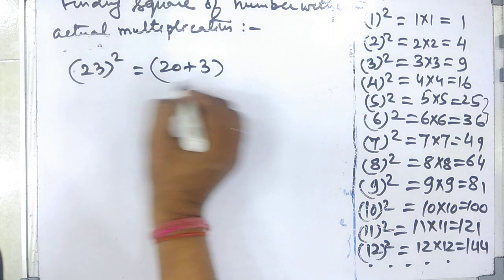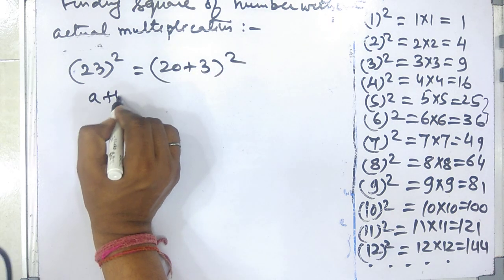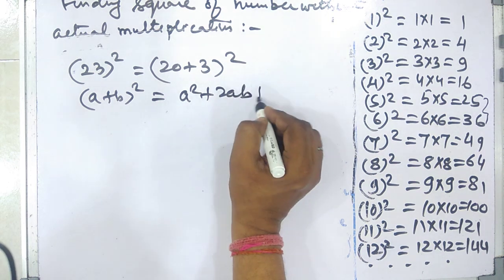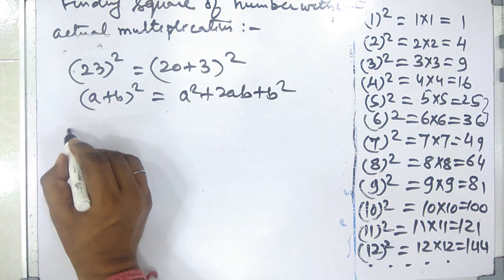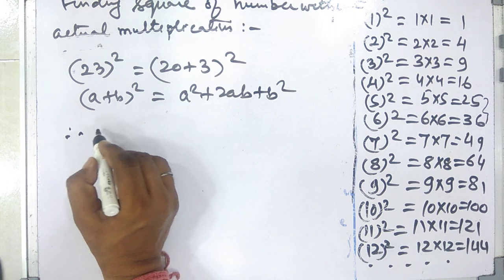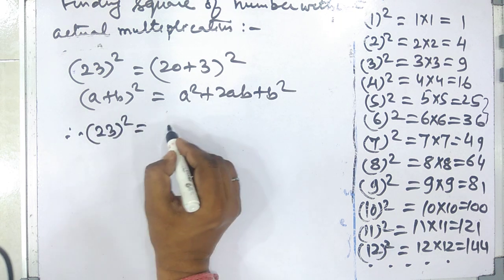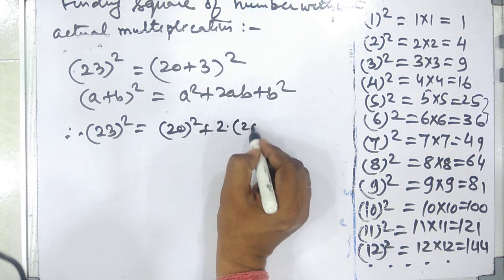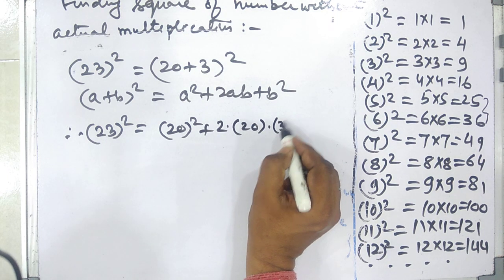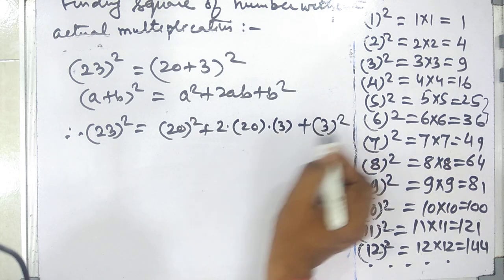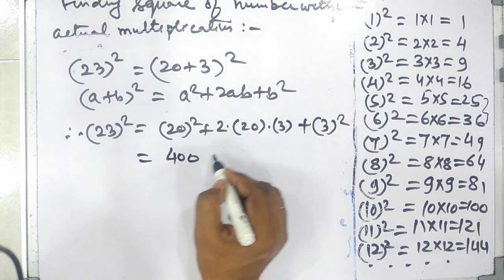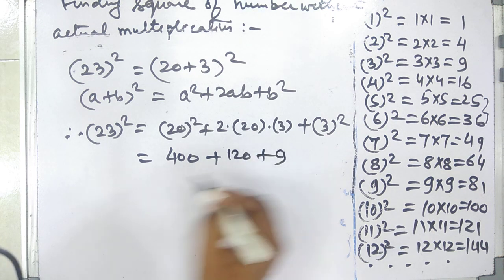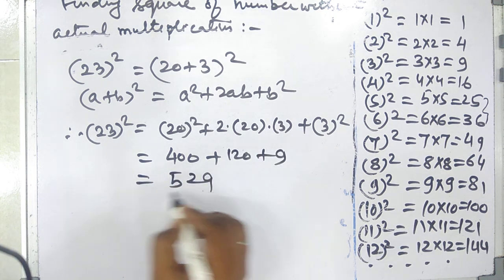For example, 23 square is equal to 20 plus 3 whole square. So use the formula (a plus b) whole square is a square plus 2ab plus b square. So students, 23 square is equal to 20 square plus 2 into 20 into 3 plus 3 square. 20 square is 400, 2 into 20 into 3 is 120, plus 9, so 529.